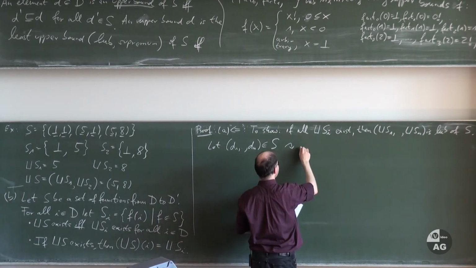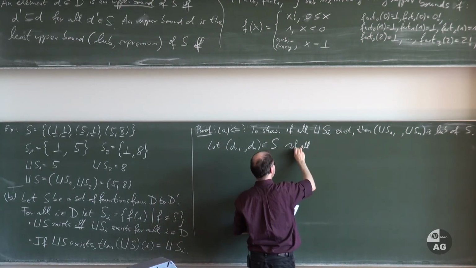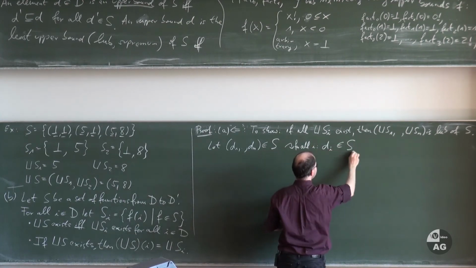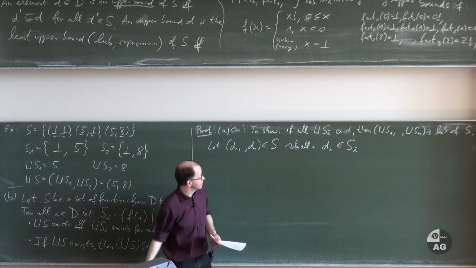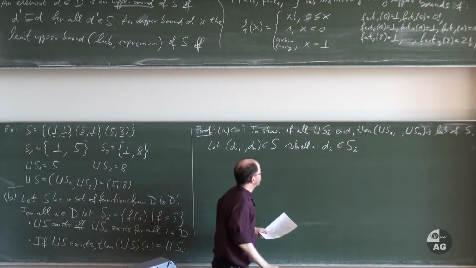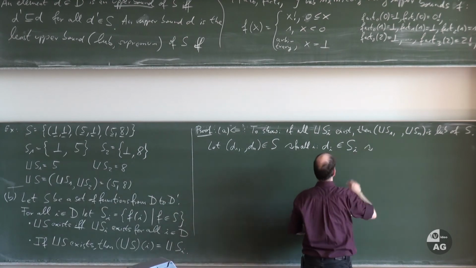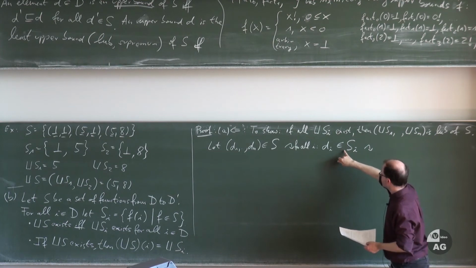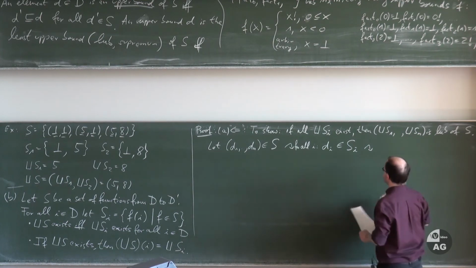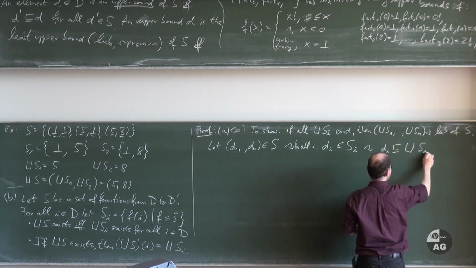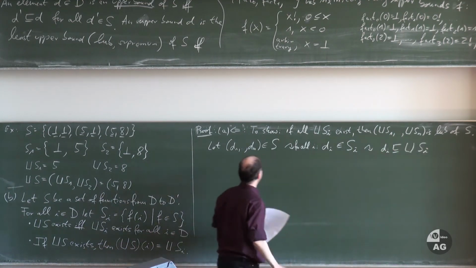So for all i, we have that Di is from this projection set, which only looks at the ith component. And therefore, each Di must be smaller or equal than the least upper bound of Si.